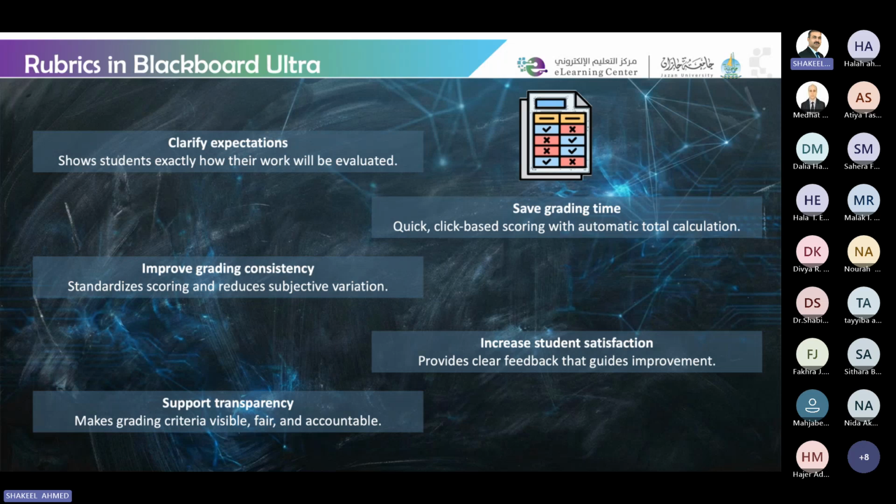So let's have a look. Rubrics basically make grading much clearer. This is one of the best options given by Blackboard Learn Ultra: you can create rubrics which can automatically check your assignments and give feedback to the students. So let's have a look.